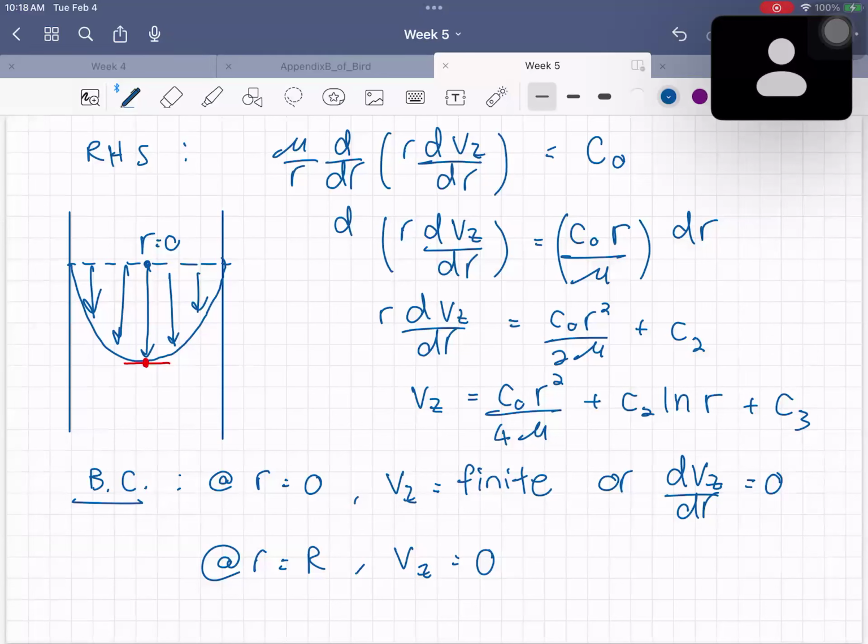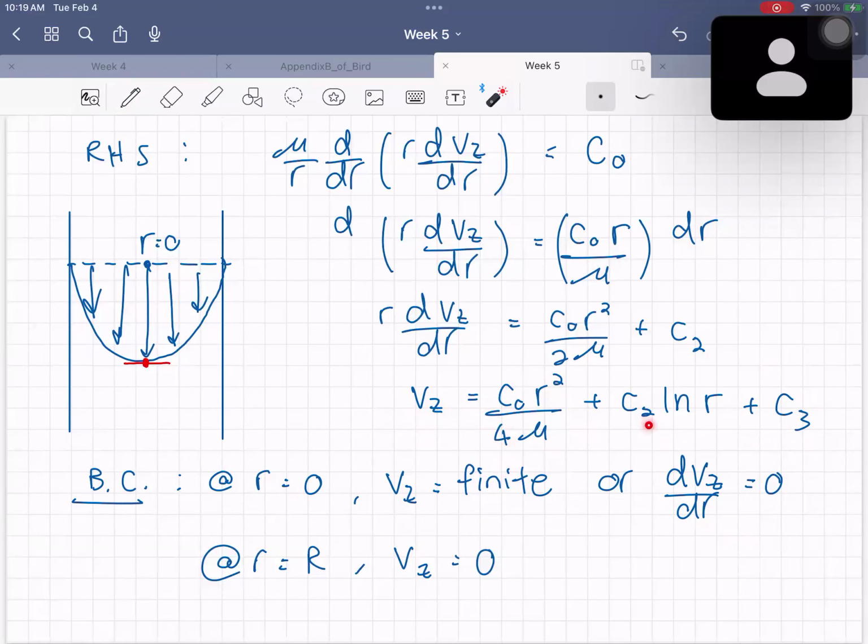So in this case, how are you going to solve for C2 and C3? Please take a look at the first boundary. If you substitute r equal to 0 in this equation, this term will be equal to 0, is that right?